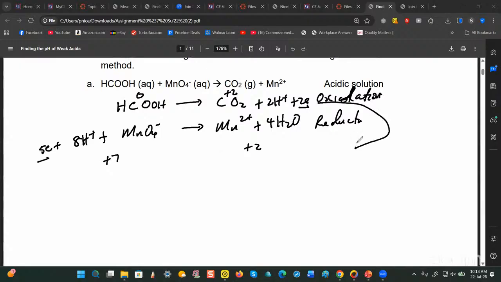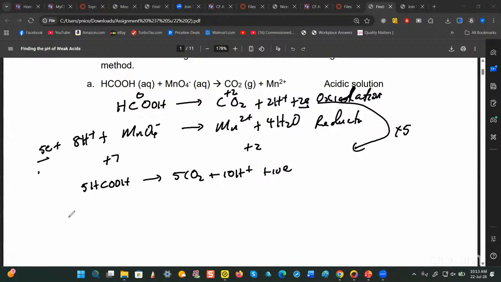Exactly. So we multiply this one by 5 right throughout. So that becomes 5 HCOOH to give 5 CO2 plus 10 hydrogen ions plus 10 electrons.